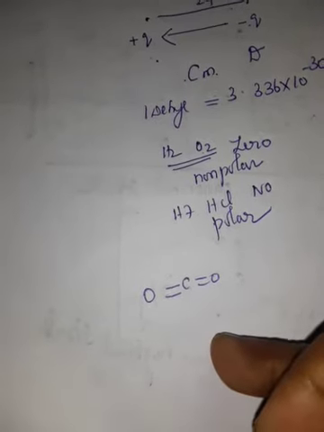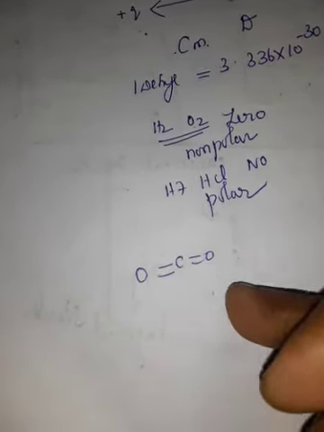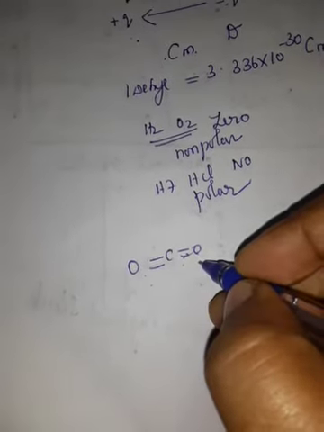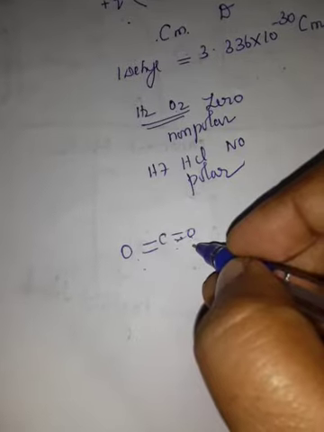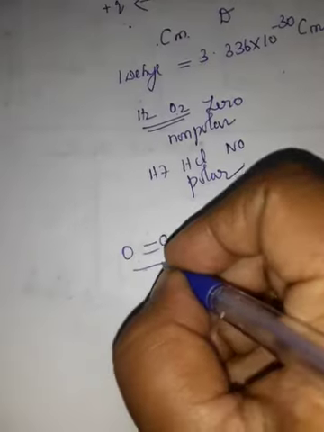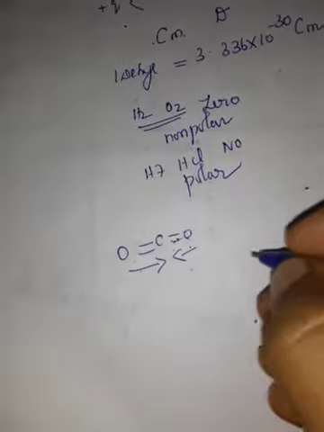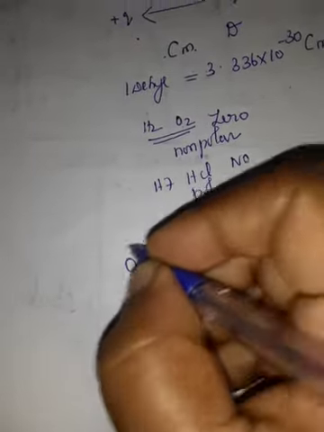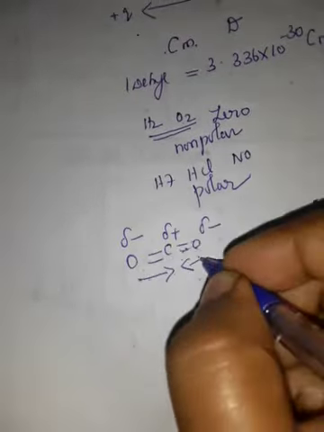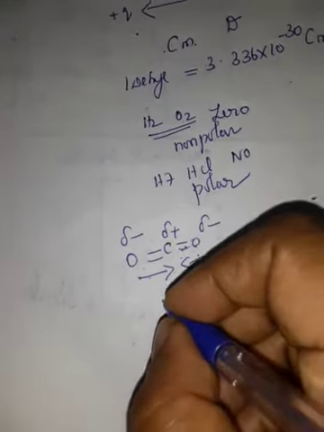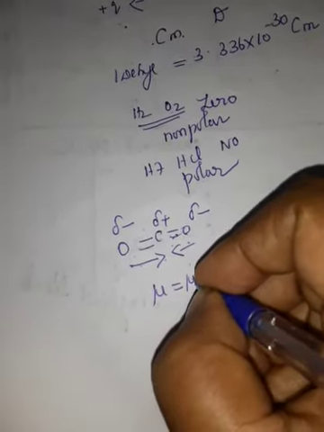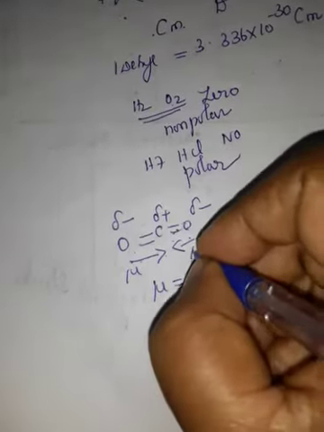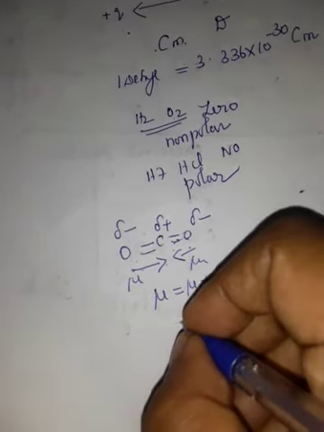In CO2, the dipole moments of the two polar bonds C=O are equal in magnitude but have opposite direction, one acting like this, one acting like this, from positive towards negative. So the net dipole moment mu is equal to mu 1 plus mu 2. This is mu 1, this is mu 2. That is, the net dipole moment is equal to 0.